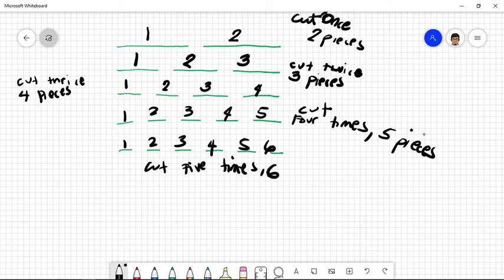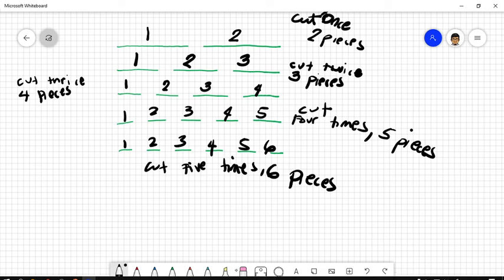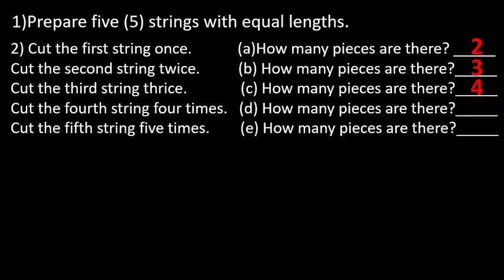Meron na siyang 6 pieces. Let's record our result. So, if I cut the third string thrice and the number of pieces 4, and I will cut again the fourth string 4 times, the number of pieces is 5, and I cut again the fifth string 5 times, the number of parts is 6, or the pieces.